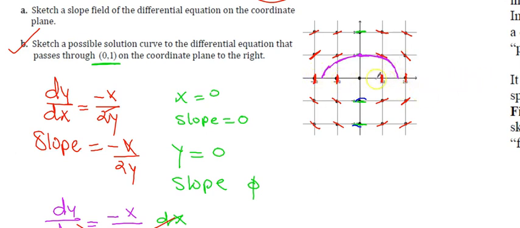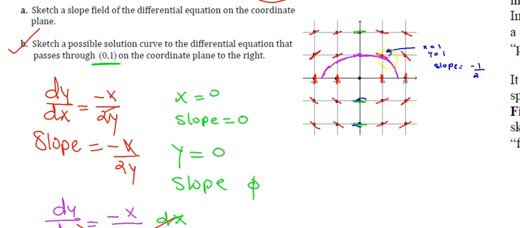Now at all other places, you are just approximating the slope. For example, x is 1 and y is 1, so at this point the slope is negative 1 over 2.